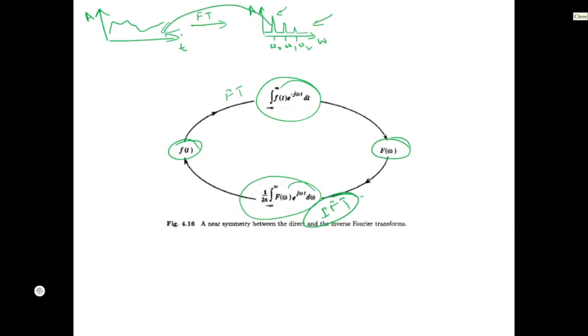So from here you can find out which frequency is more strongly present in the time domain signal, or which is the weakest frequency component present.